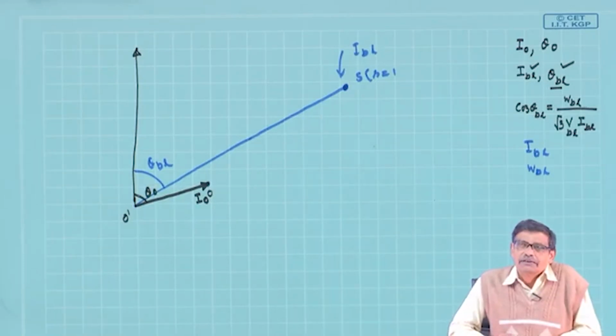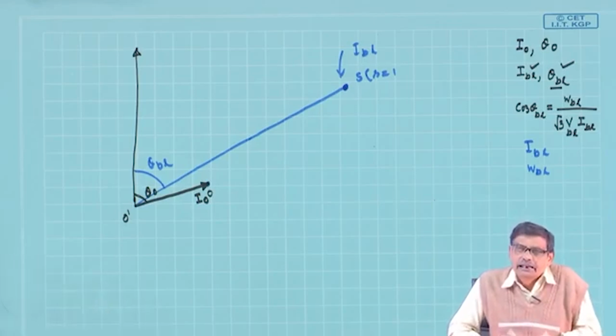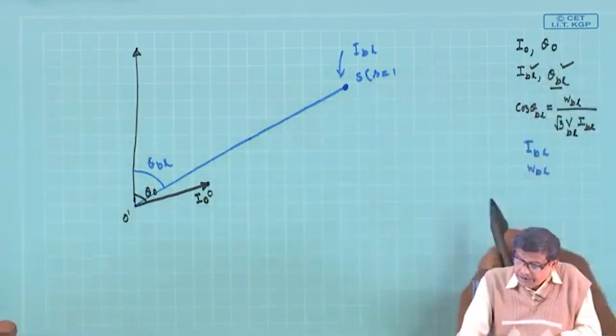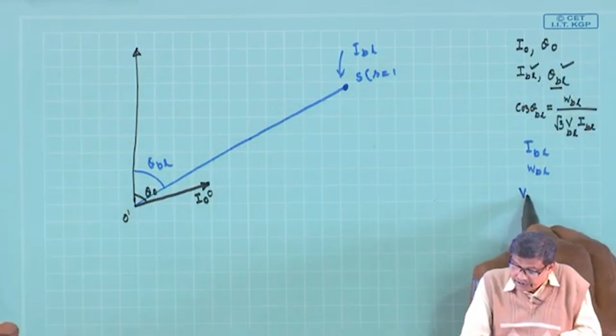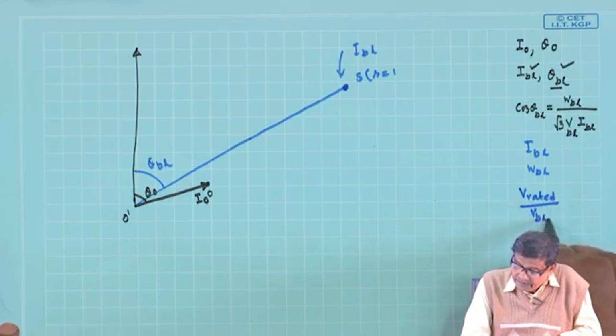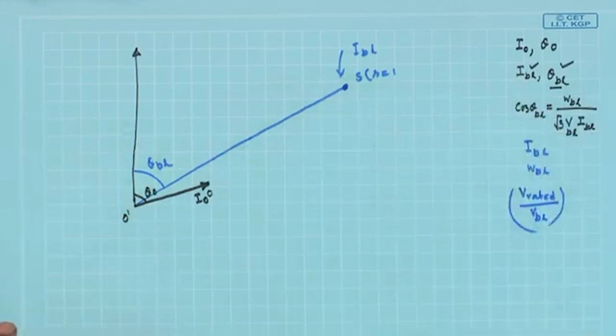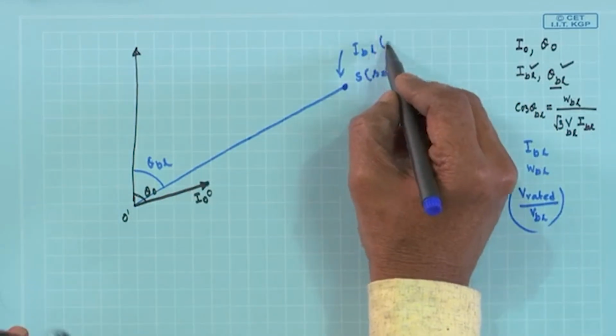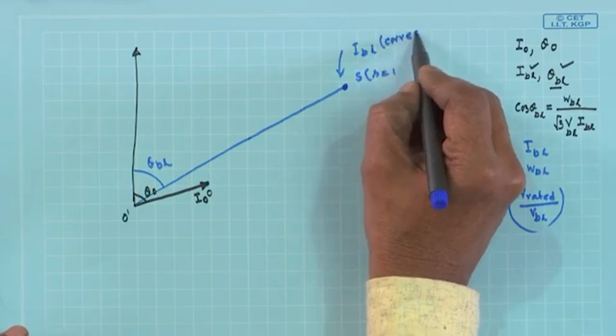In a circuit, if I know you have applied 10 volt, it is carrying 2 ampere current. If you apply 20 volt, it will carry double the current. So, with the rated voltage divided by VBL, V rated by VBL, whatever you have applied, you must multiply this current IBL to get this IBL corresponding to rated voltage.